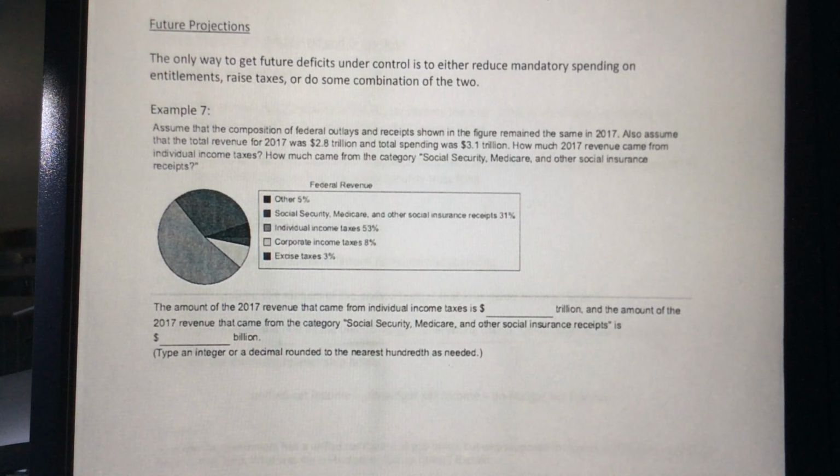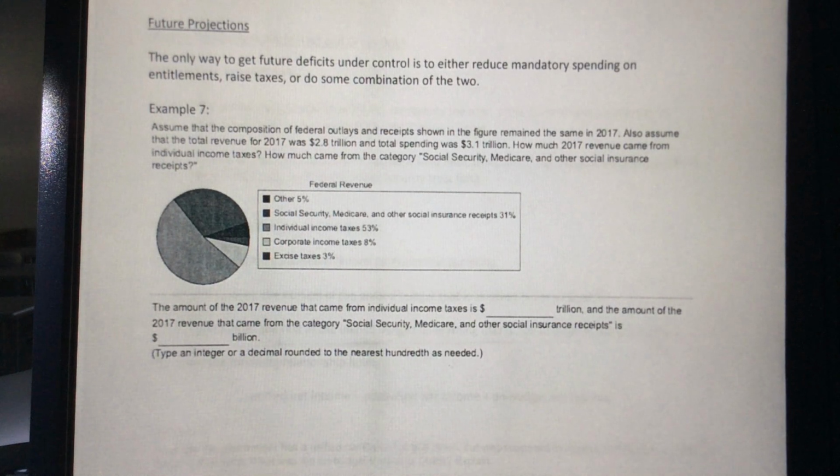Also assume that the total revenue for 2017 was $2.8 trillion and the total spending was $3.1 trillion. How much 2017 revenue came from individual income taxes? How much came from the category Social Security, Medicare, and other social insurance receipts?